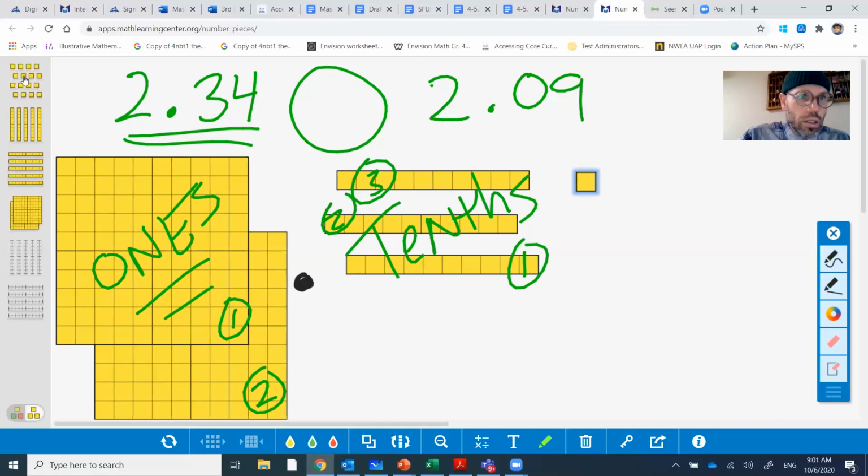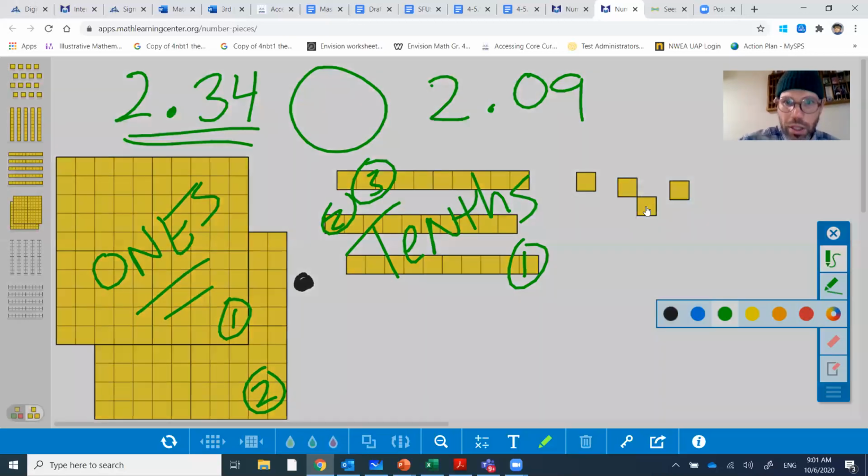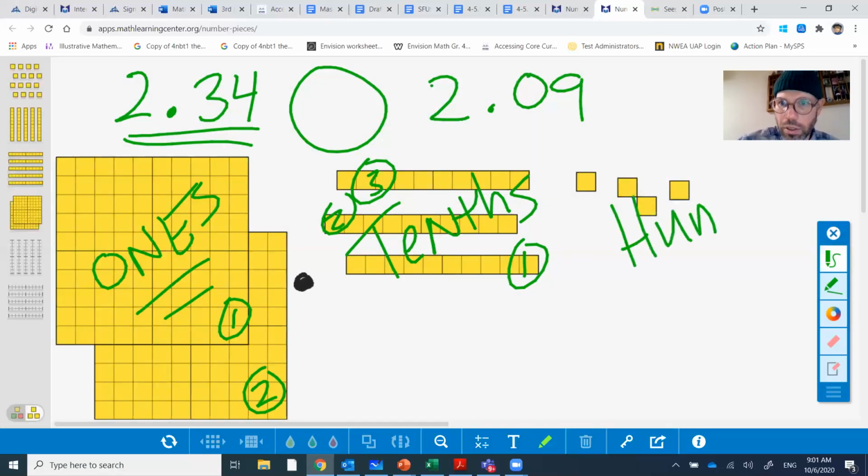So 1, 2, 3, 4. So this is actually what this would look like as a model. Here are my ones this time. It's modeled different when we get into decimals, as you can tell. And let's label this. We're calling these the hundredths. So this is what it would look like.